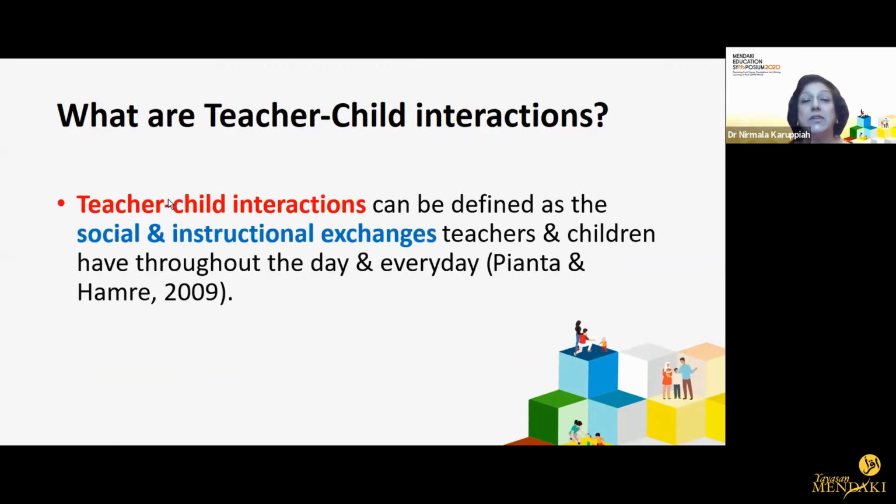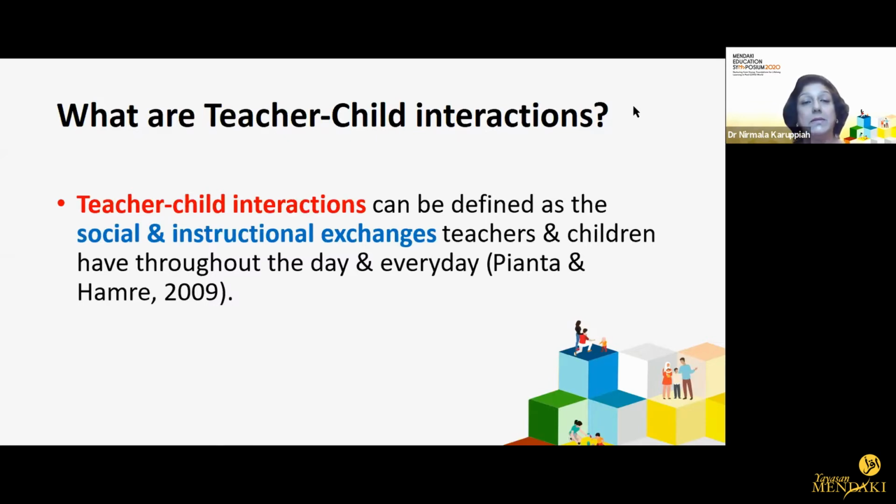Teacher-child interactions can be defined as the daily socially instructional exchanges teachers and children have throughout the day and every day. This definition has been taken from Pianta and Hamre's work. They are the people responsible for the tool that was used to measure teacher-child interactions in the classroom in the research that I was involved in.